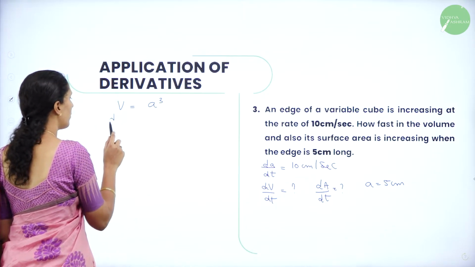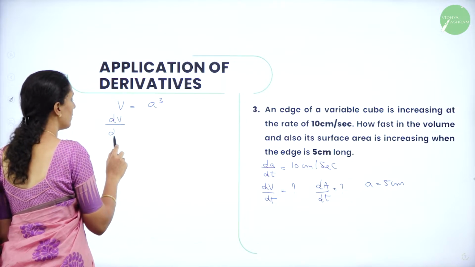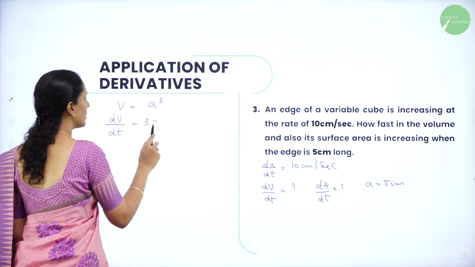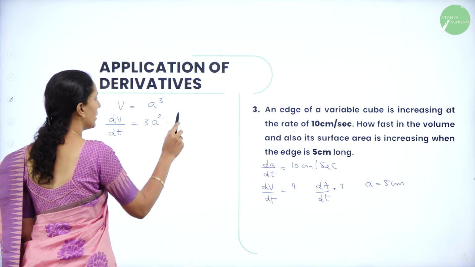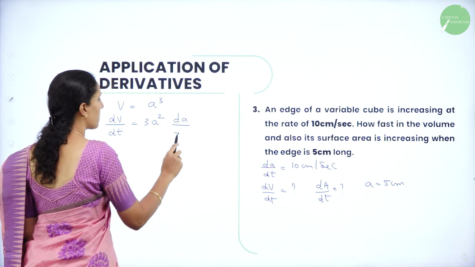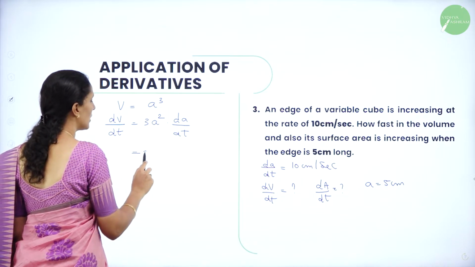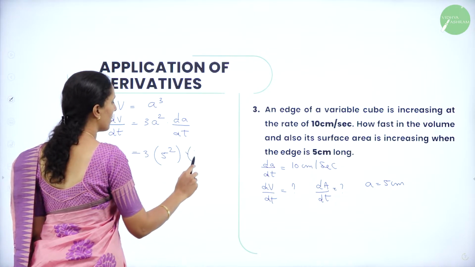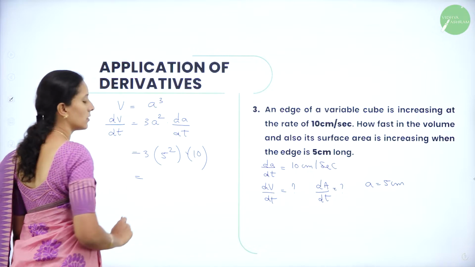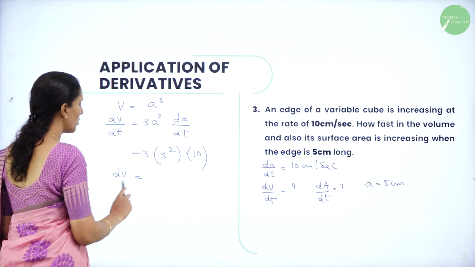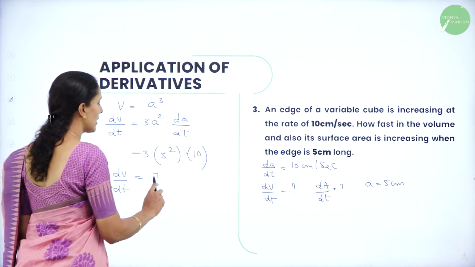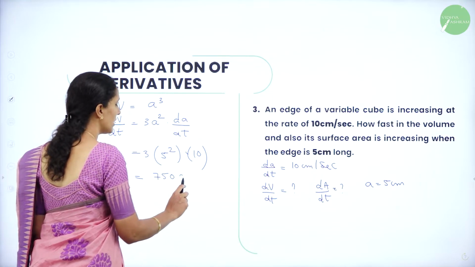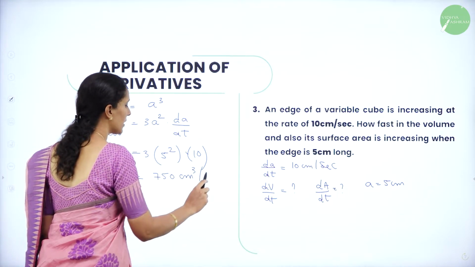So, when you differentiate it, dV by dt is equal to 3a square into da by dt. So, substitute here 3 into 5 square into 10. So, therefore, the change in volume can be written as 750 centimeter cube per second.